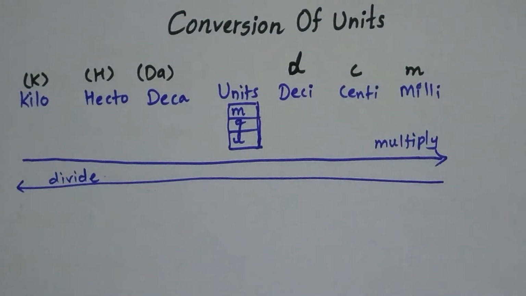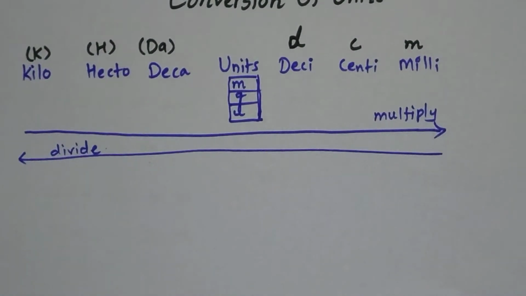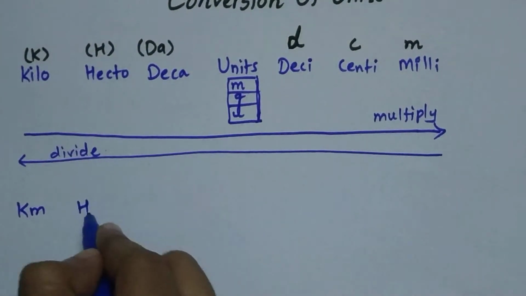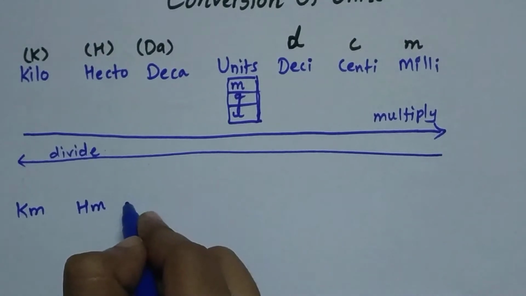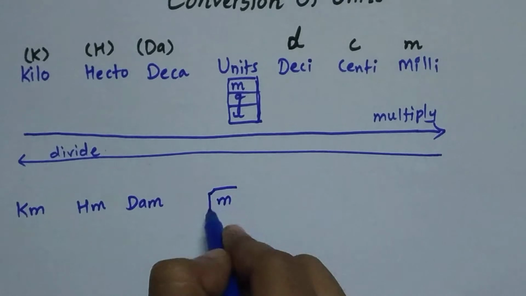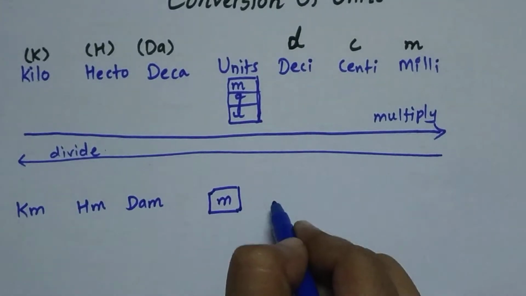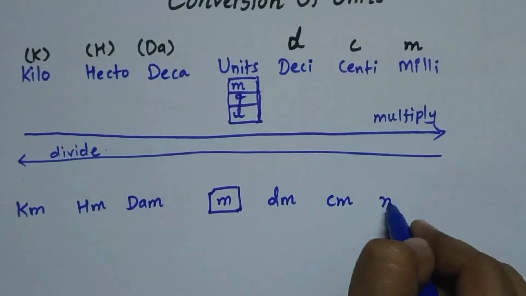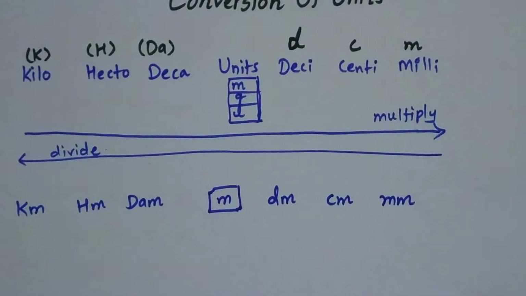Let's see, for example, I want to convert. For example, I am having kilometer, hectometer, and I am having decameter, and here I am having basic unit, that is meter, then decimeter, centimeter and millimeter.